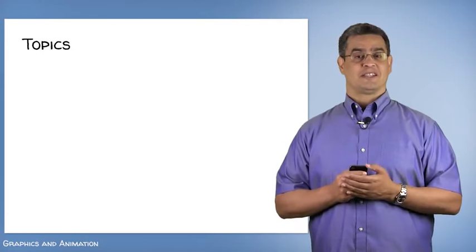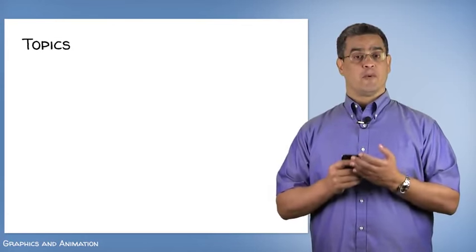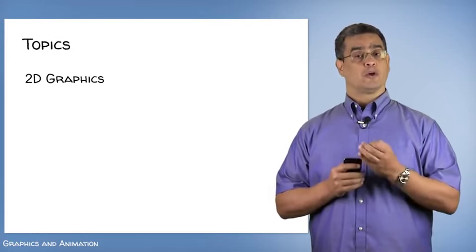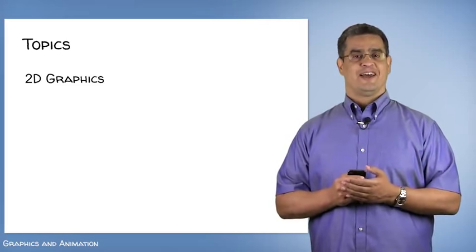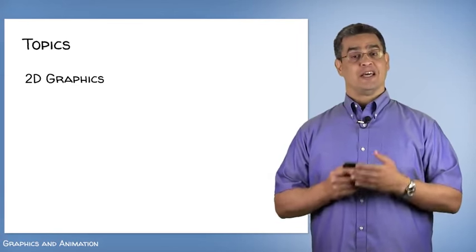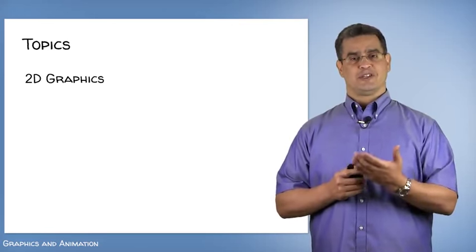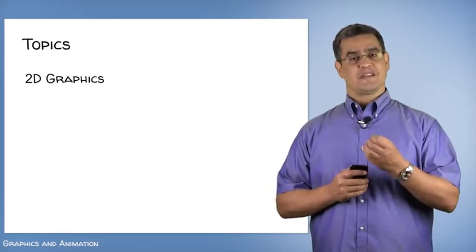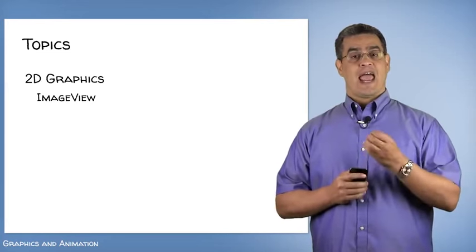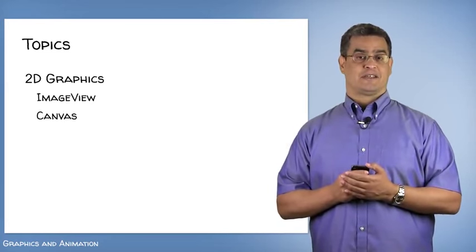I'll start this lesson by discussing Android's support for two-dimensional or 2D graphics. I'll talk about how applications can draw both static and dynamically changing elements to their displays, using the ImageView class and using the Canvas class.